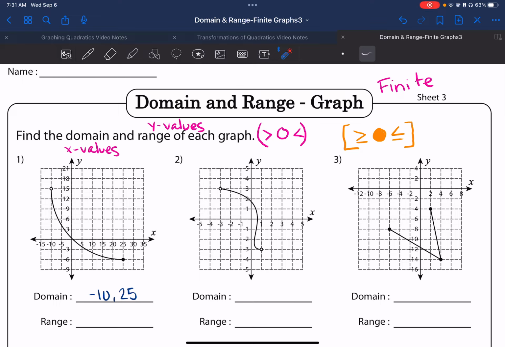Looking at -10, we have an open circle here, which means we're going to put a parenthesis on that end. And we go all the way over to 25, where we have a closed circle, which means we're going to finish our domain interval with a bracket.